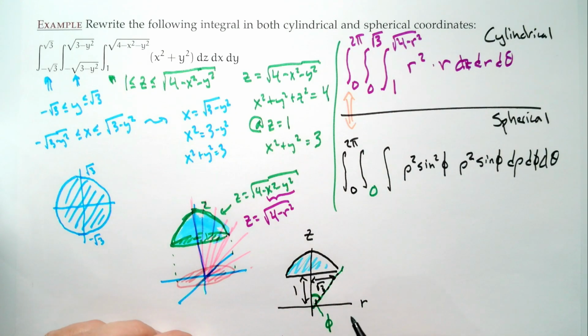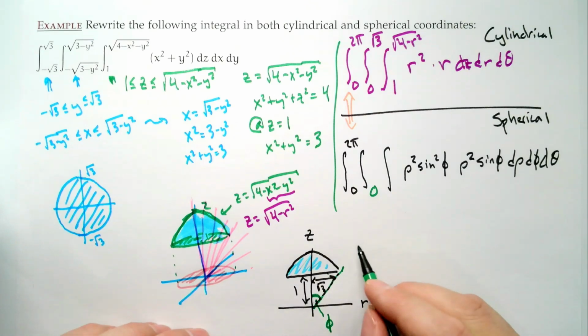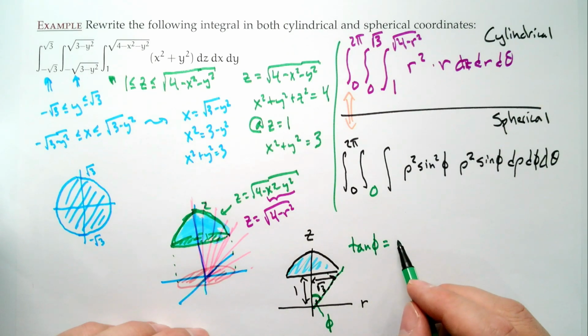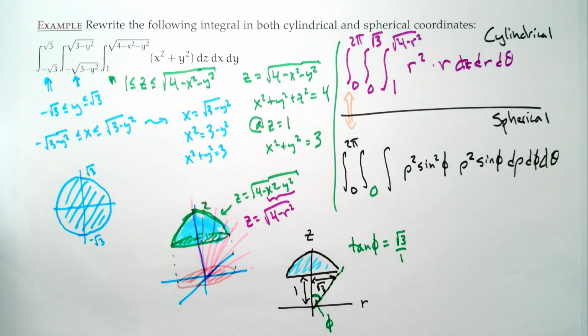What do we know? I know the opposite side and I know the adjacent side. What relates opposite and adjacent? Tangent. So tangent of phi had better be equal to square root of 3 over 1, the opposite over the adjacent. Is there a convenient angle where the tangent of our angle is square root of 3?